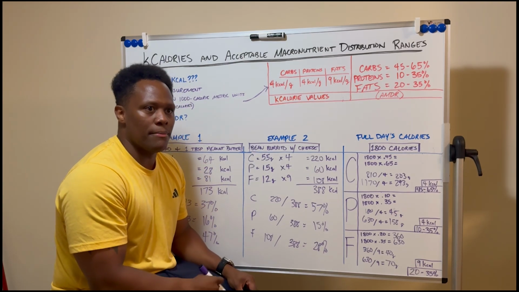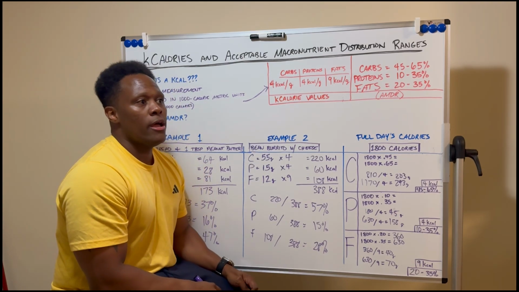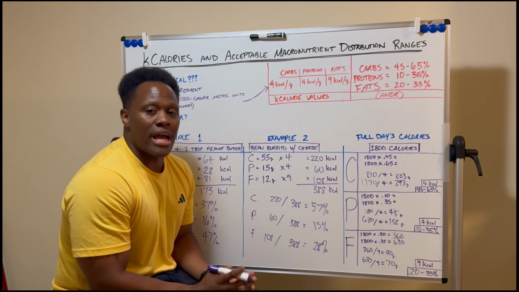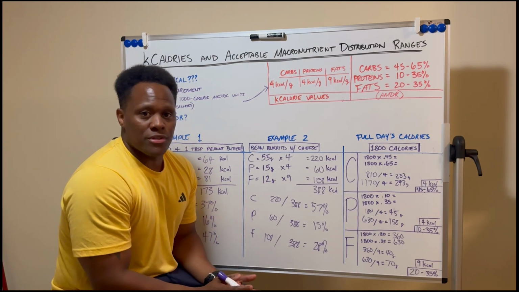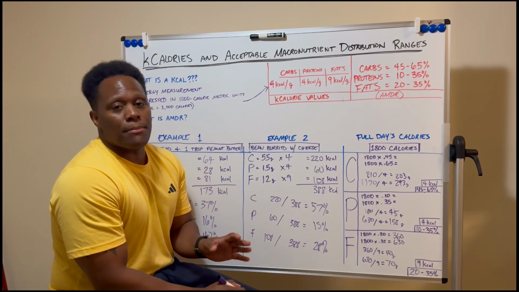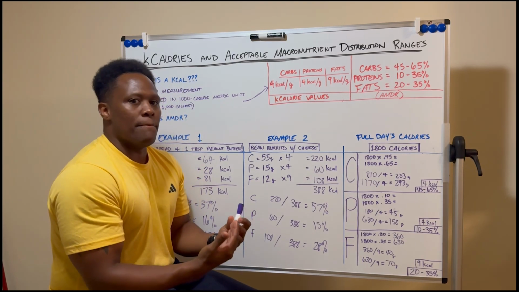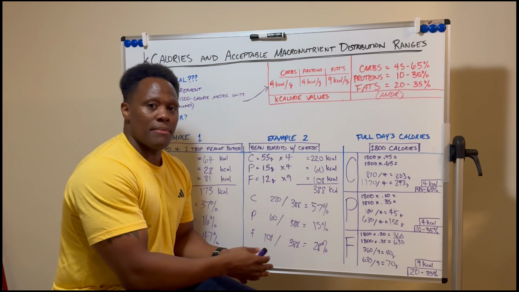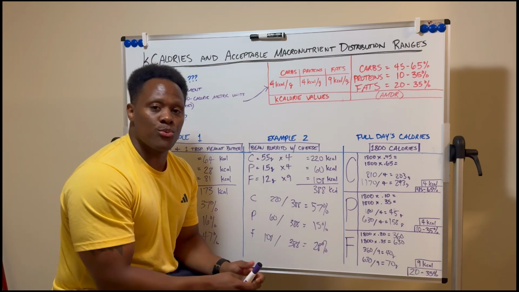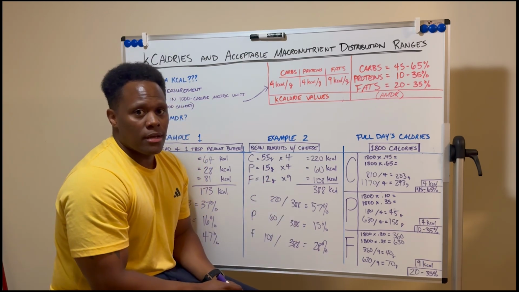Maybe you're a bodybuilder, a power lifter, some sort of Olympic trainer, maybe a CrossFit person, right? The amount of physical activity they perform throughout the day requires it, okay?